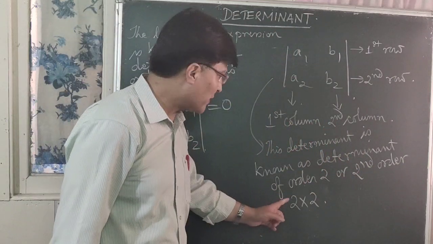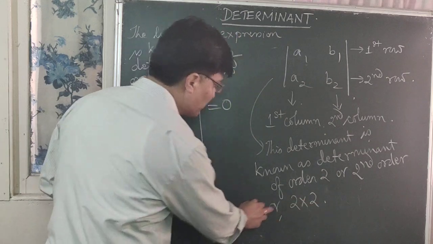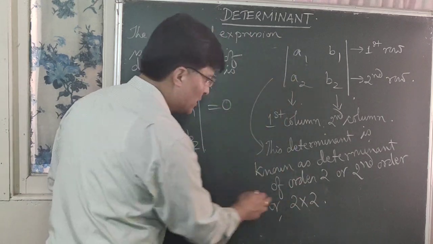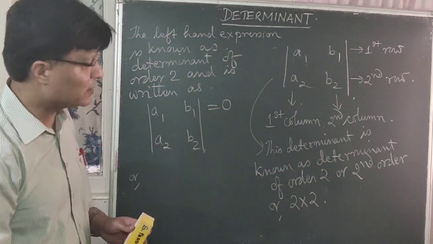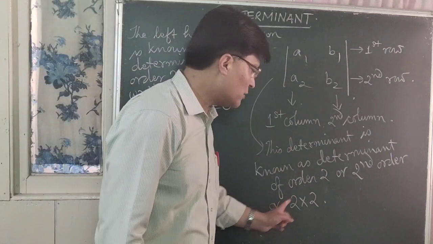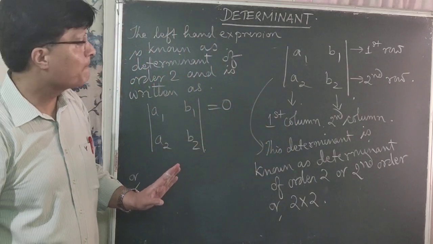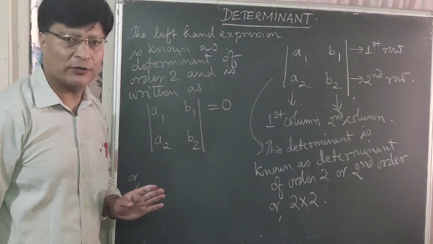This first 2 denotes the number of rows and the second 2 denotes the number of columns. So that's why this is determinant of order 2 cross 2.